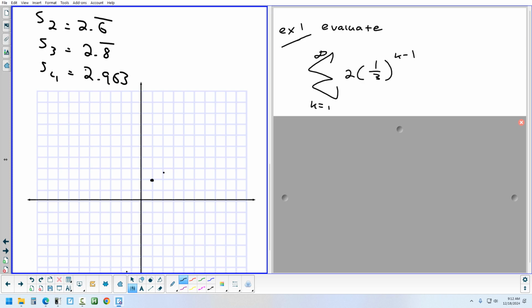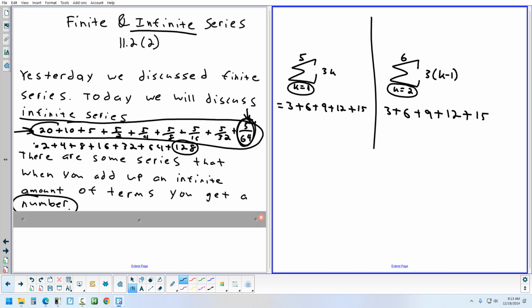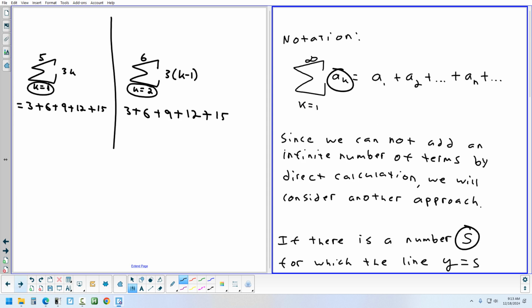The first 3 terms added up to 2.8. The first 4 terms added up to 2.9. So the idea is if you keep doing these dots, they keep getting closer and closer to 3, but they never would reach it. That's what I'm trying to explain from the previous page.